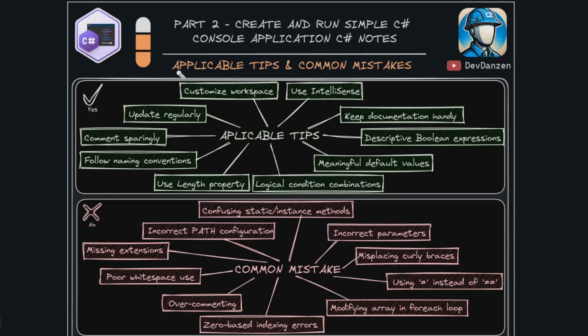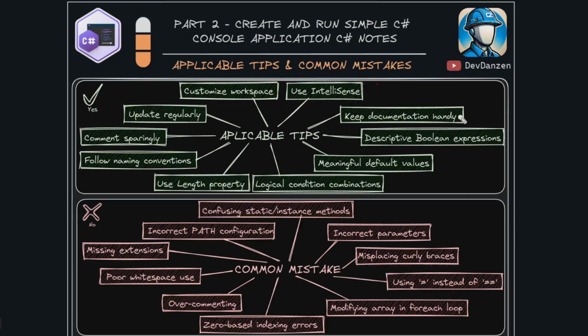Since it already has details of explanations, I'm not gonna copy paste it loudly. Alright, second note, applicable tips and common mistakes that developers usually make, especially if you are a beginner. Here you can see a bunch of tips and common mistakes relevant to the process of coding. I'm not gonna explain it all since most of them are self-explanatory. Basically, don't forget to use IntelliSense as it will be your close friend while coding.